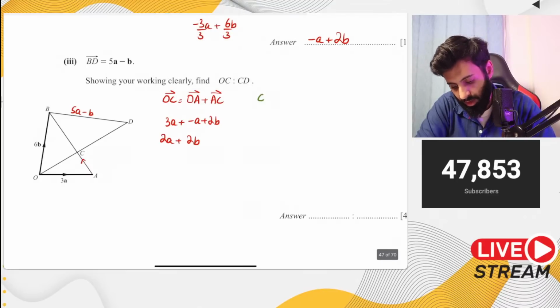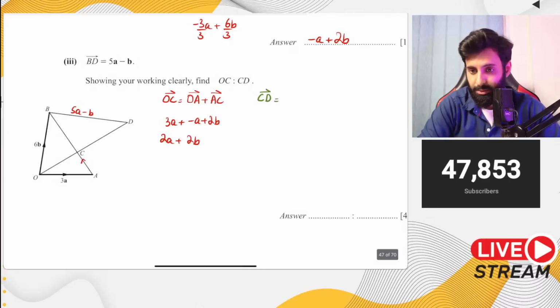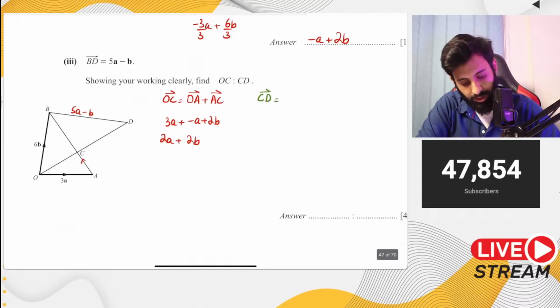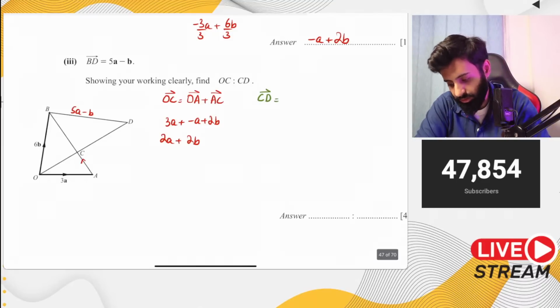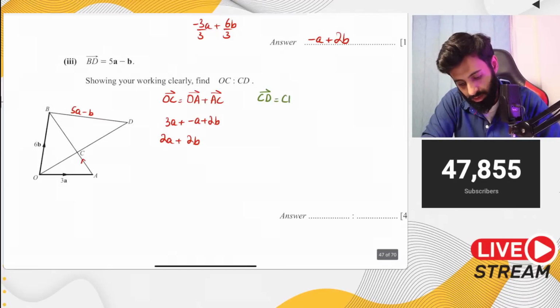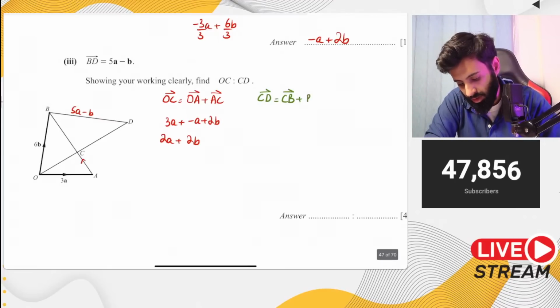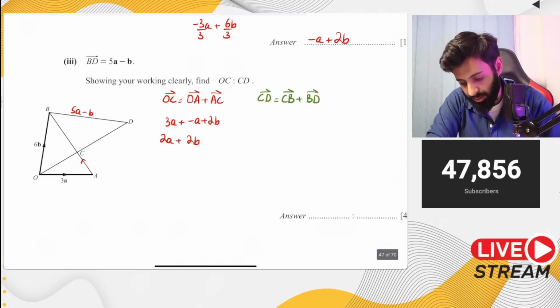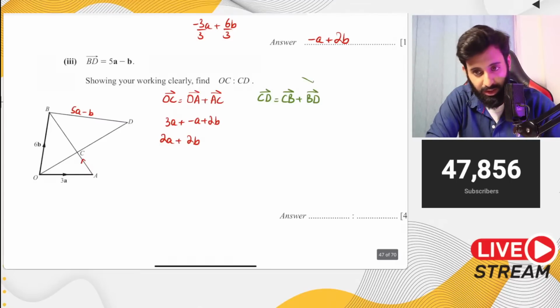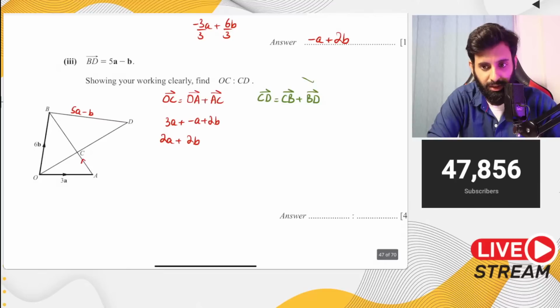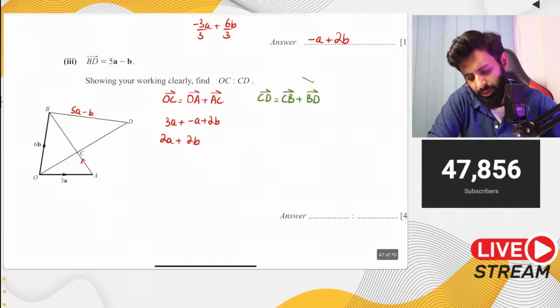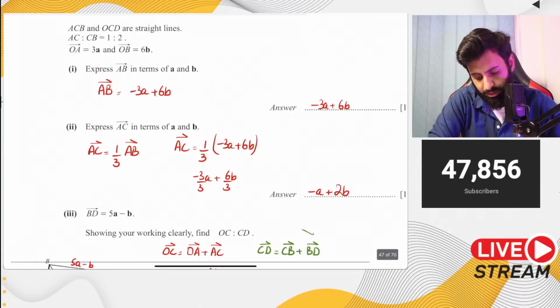To find CD, here's what we're going to have to do: CB plus BD. Now the question has been very kind to us by giving us BD, but as far as CB is concerned, we'll have to find it ourselves. And we've already done the hard work to find CB.